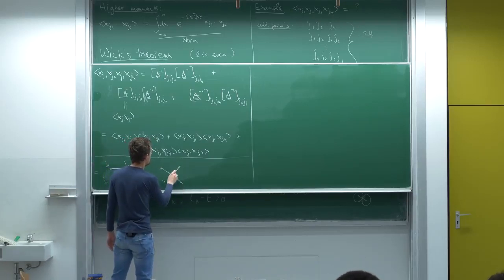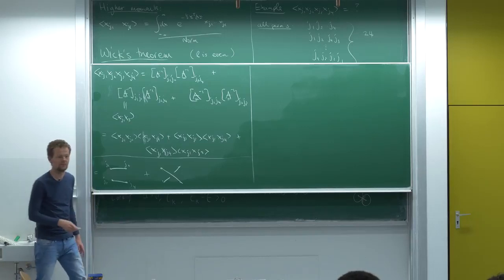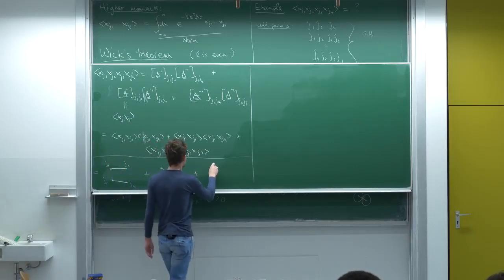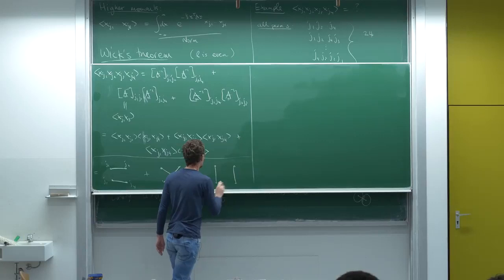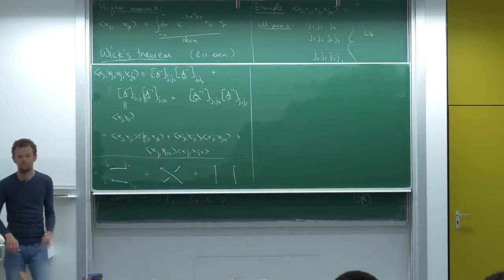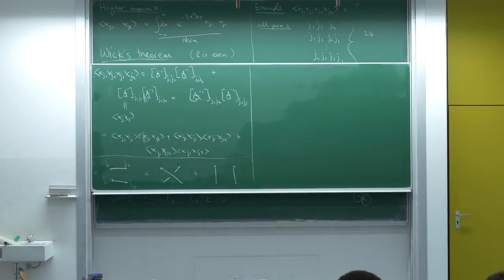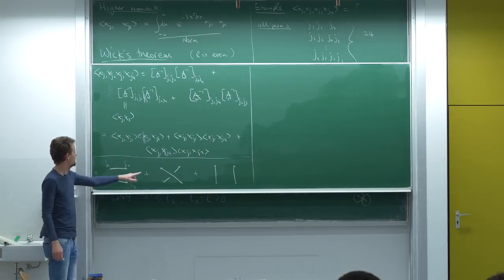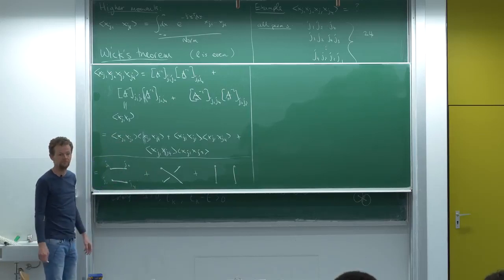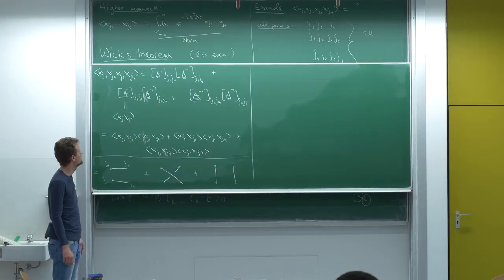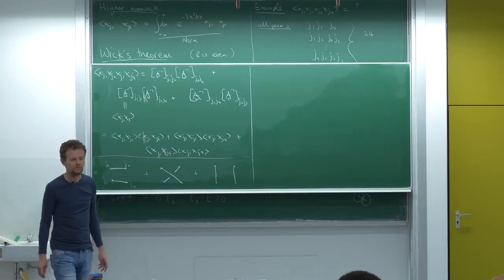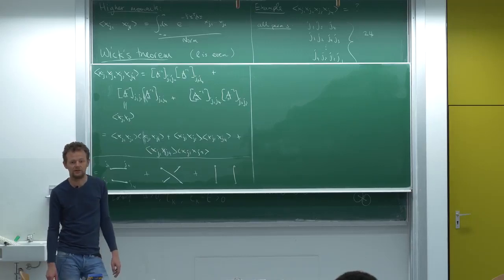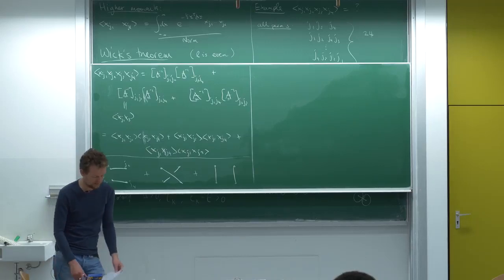This picture should start to look familiar to you. So we have the following graphical representation for all the terms in the 4-point function. It's 3 unique diagrams here. Not bad. These are exactly Feynman diagrams. This isn't an artificial diagram that I've written here.